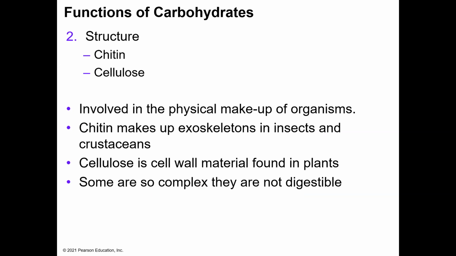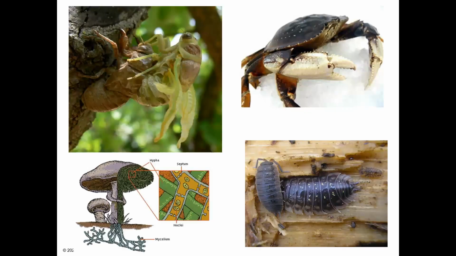The second function of carbohydrates is structure. So chitin and cellulose are the examples we've covered about structure. Structural carbohydrates are actually involved in the physical makeup of the organism. For example, chitin makes up exoskeletons in insects and crustaceans, and cellulose is the cell wall material that's found in plants. And so here in this image, we can see some examples of organisms and chitin.